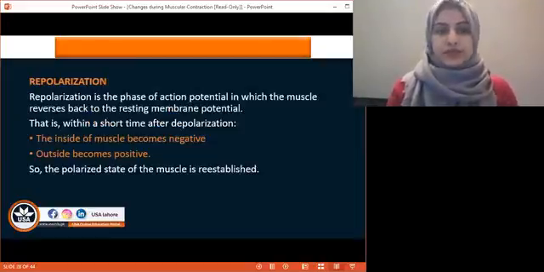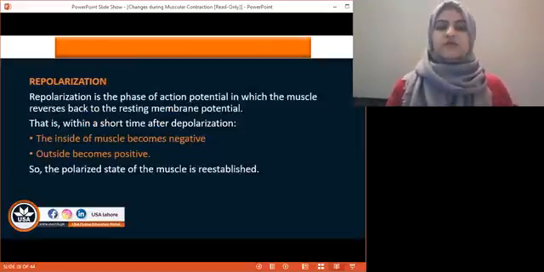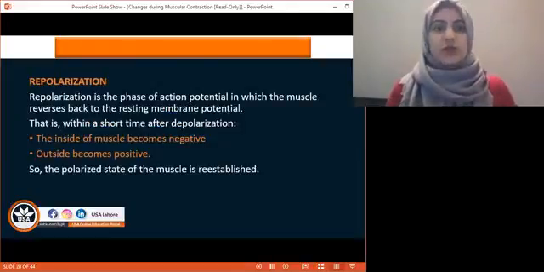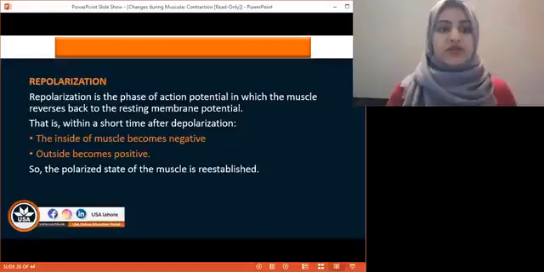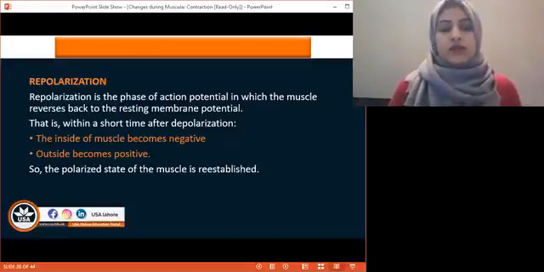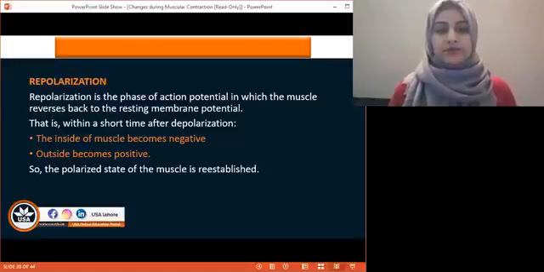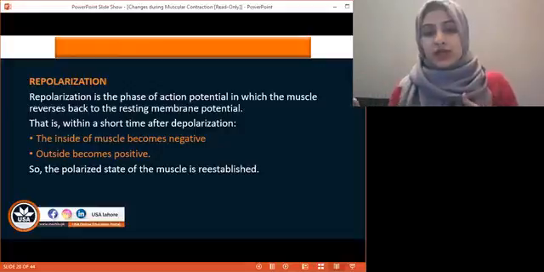Now, what is repolarization? Repolarization is the phase of action potential in which the muscle reverses back to the resting membrane potential. That is, within a short time after depolarization, the inside of the muscle becomes more negative and the outside becomes more positive. So the polarized state of the muscle fiber is re-established, and this leads towards the resting membrane potential again.